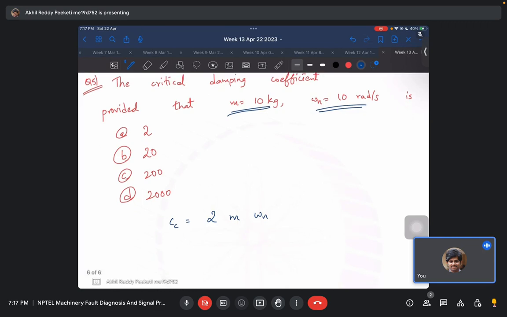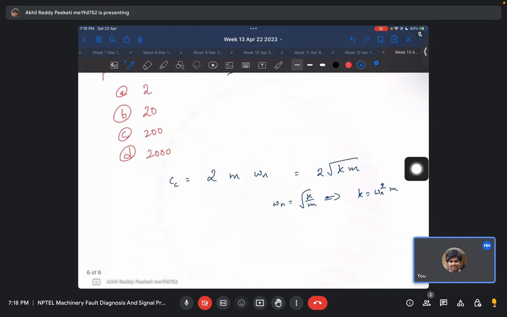This is actually 2 root km, but since omega n is root k by m, we can write k is omega n square into m. So using this, 2m omega n also gives you the critical damping coefficient.